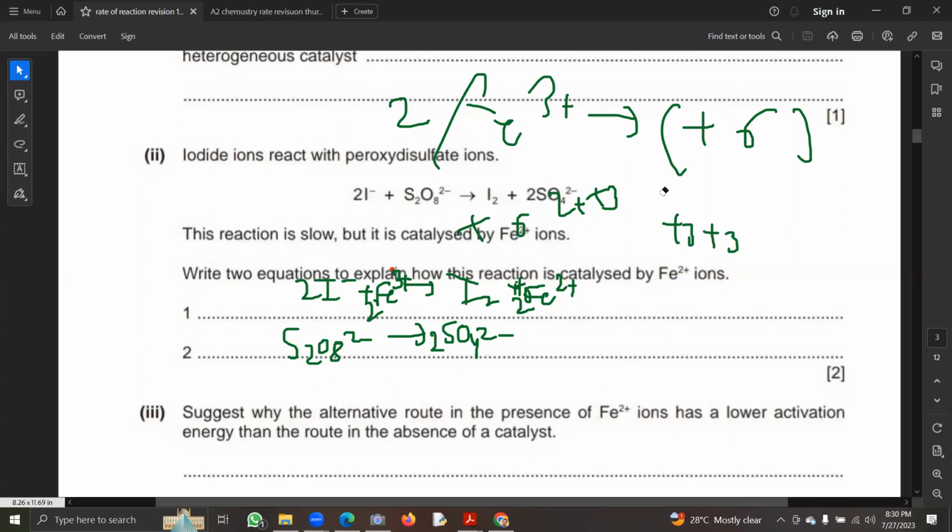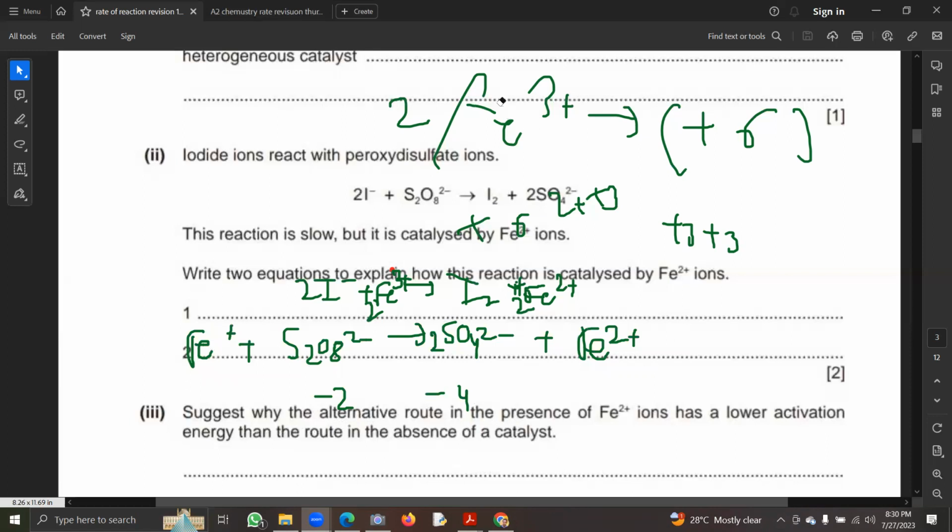When you add it, I have to cancel that out. Correct. To get the overall equation, I have to put these two back here. This way, if I add it, will it cancel out?